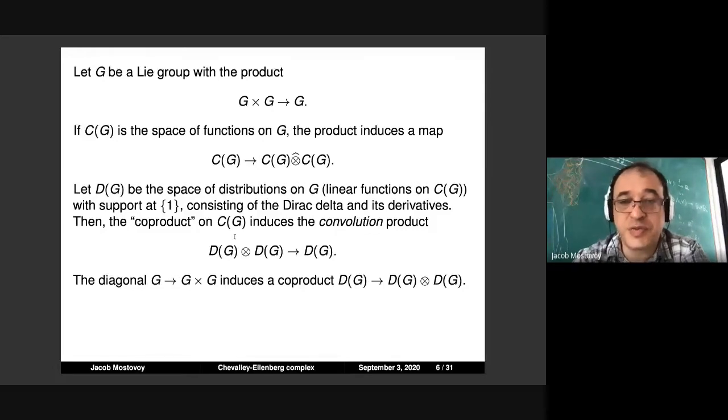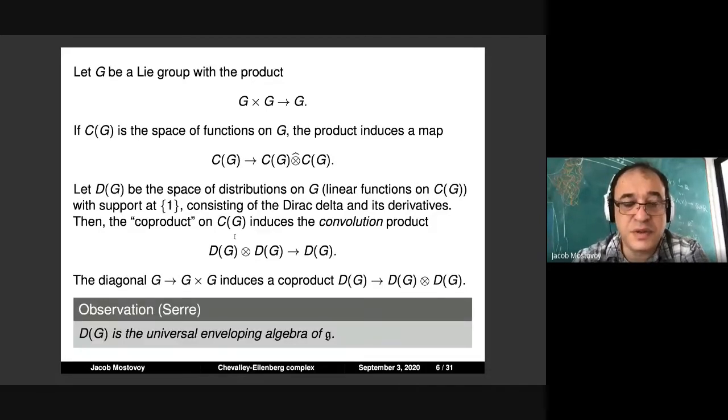It's a symmetric algebra because we have the Dirac delta, which is the constant, and then the directional derivatives of the Dirac delta give you the generators of the symmetric algebra. Okay, so the observation by Serre is that this distribution algebra with convolution is the universal enveloping algebra of your Lie algebra.